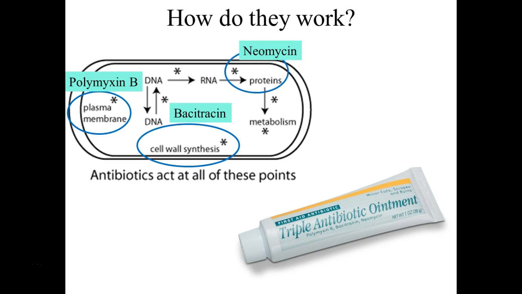The next one is neomycin, hence the name Neosporin, the brand name. And this one interferes with protein synthesis. So we're hitting 3 different targets here: membranes, cell wall synthesis, and protein synthesis.